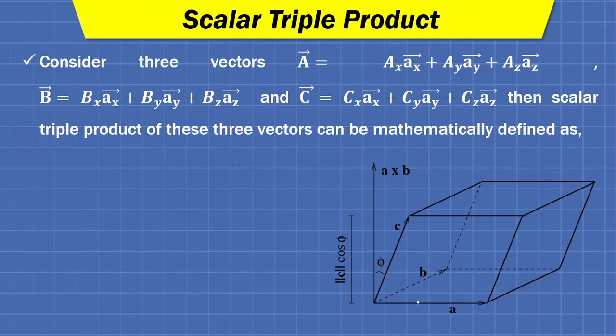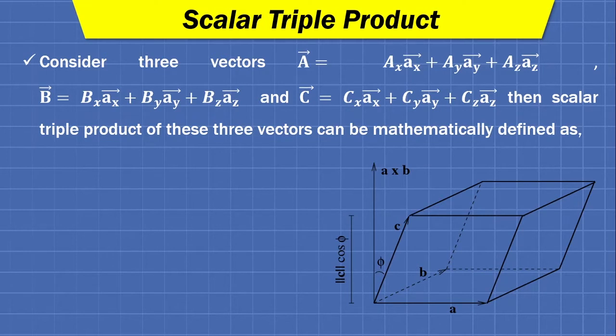A bar I have shown on a horizontal axis, b bar is on the xy plane but going to the negative x direction, and c bar is on the yz plane but with some angle phi.